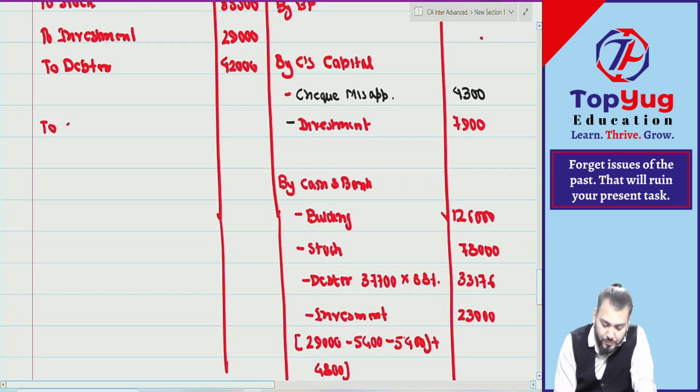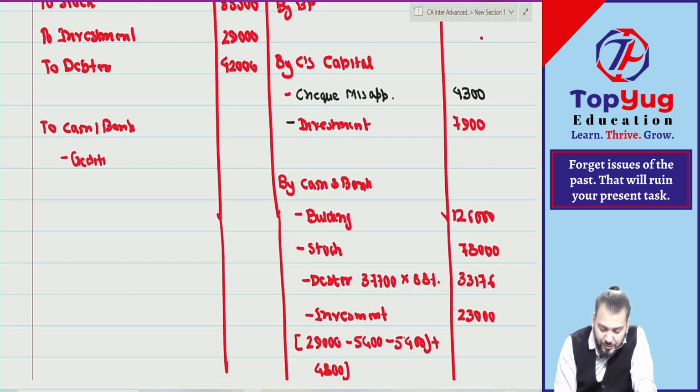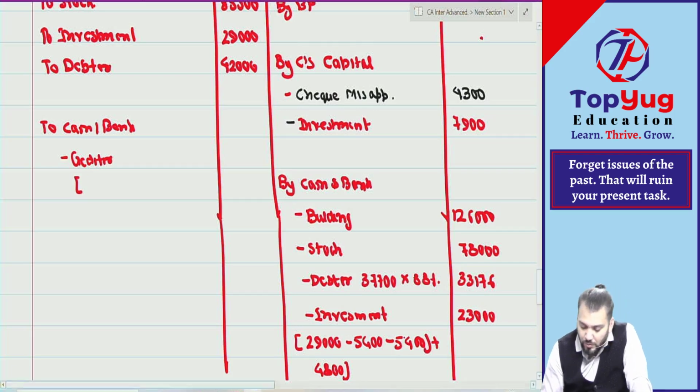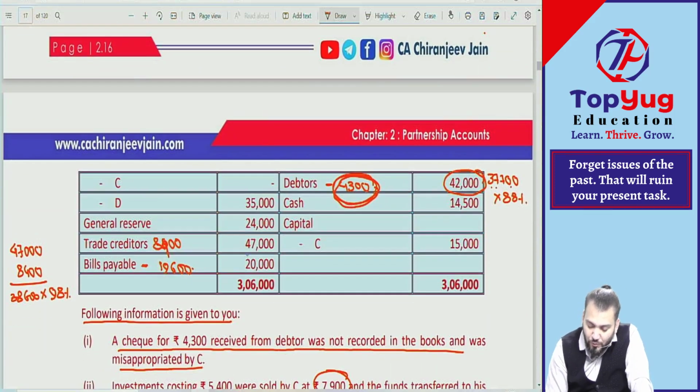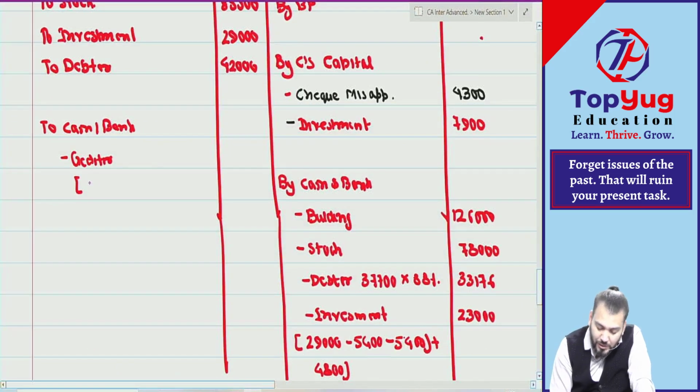To what, cash or bank? But how much creditor, what amount is paid to creditor? Tell me, creditor. So 47,000 minus 8,400, so that is 38,600 ka 98%, correct. So it is 38,600 ka how much percentage, 98%.